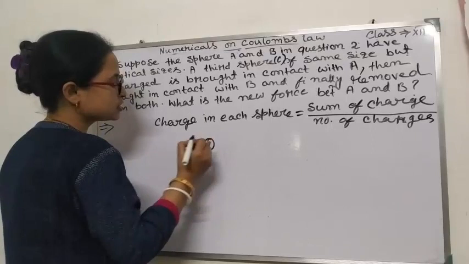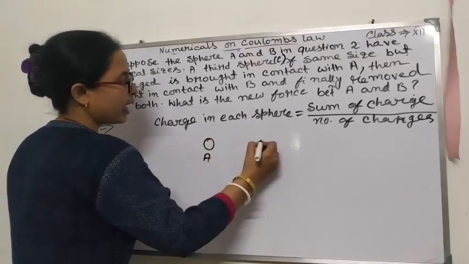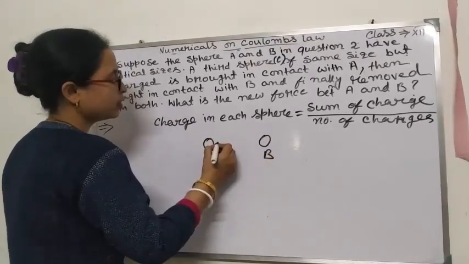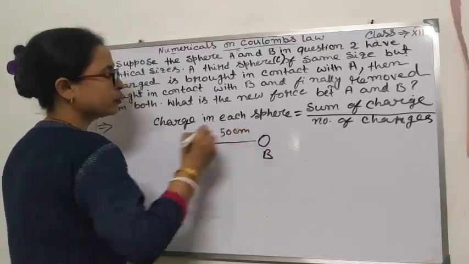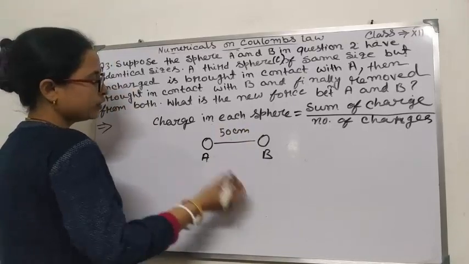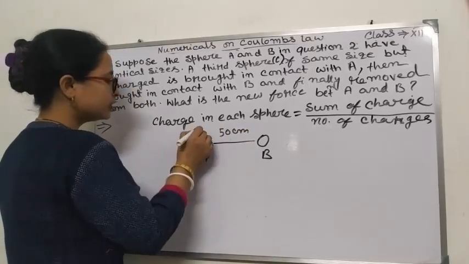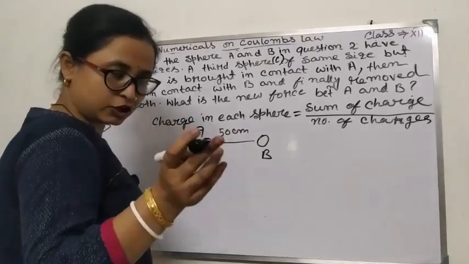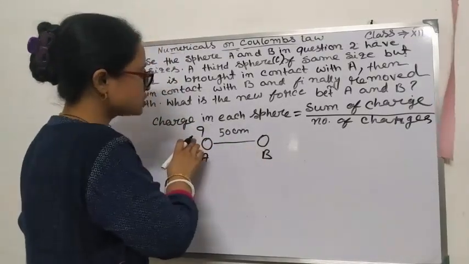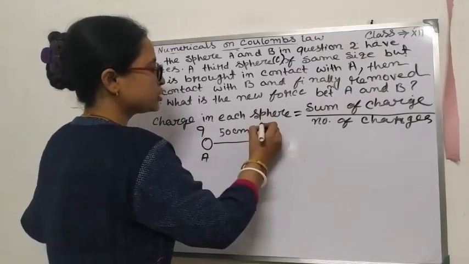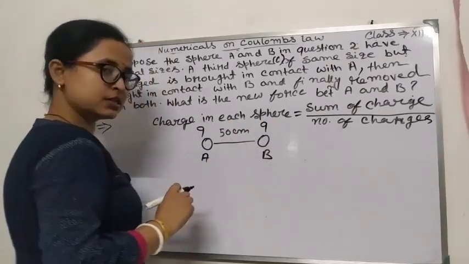Suppose there is a sphere A and a sphere B, 50 centimeter apart from each other, as in the previous question. From the second question we know that the charge in each sphere is equal, so let us consider the charge in A is Q as well as the charge in B is Q.